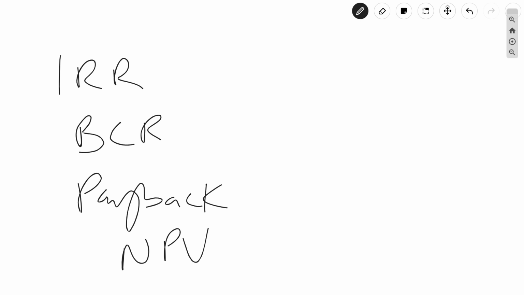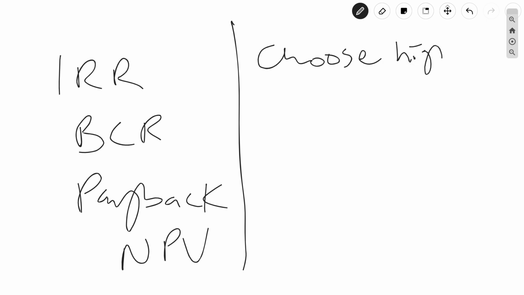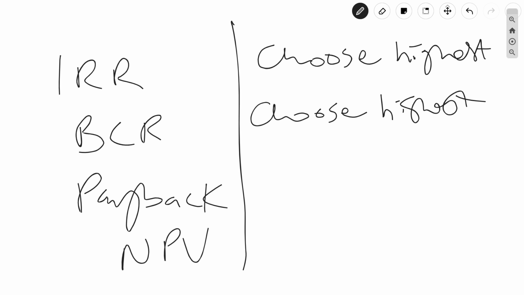So if you get a question that gives you various internal rates of return, you always choose the highest IRR, right? If you get a question that presents many benefit cost ratios, always choose, again, the highest benefit cost ratio, because it's the ratio of benefits or revenue to cost.